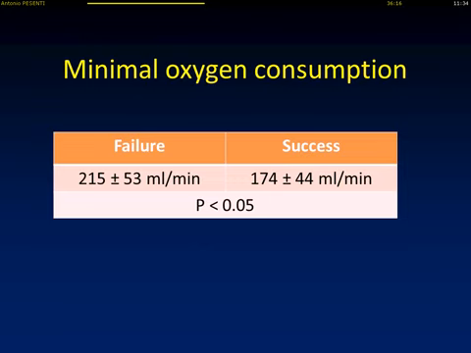That we knew. Why? Because patients failing work desperately to breathe, but they cannot succeed. Successful patients reach a level of oxygen consumption which is lower than failing patients. The load on the failing patient is higher.